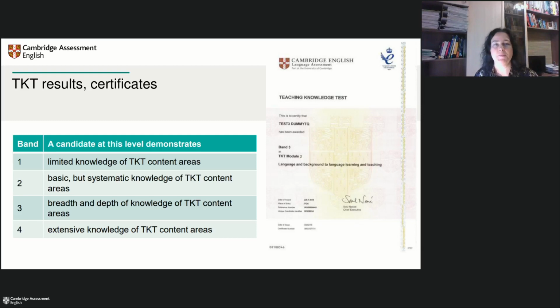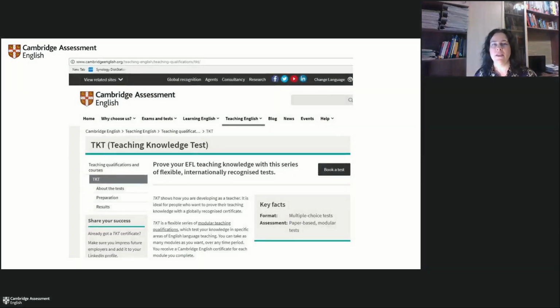You register by going to the Cambridge website, find in the center the date that is suitable for you. You take the test and hopefully you will earn a certificate with a good band that can demonstrate your deep understanding of the principles of teaching. This is basically the website that I've just mentioned. I've forgotten that I've got this slide.